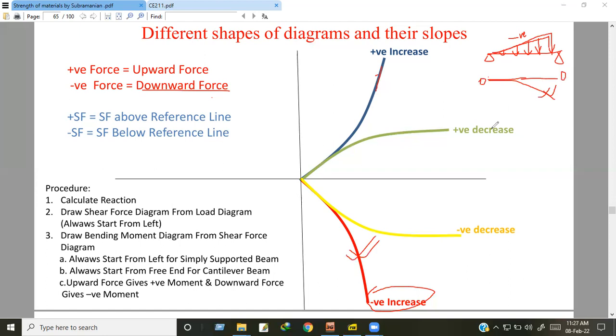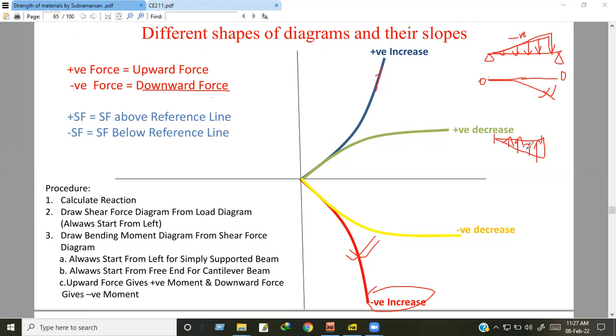But if I apply a force like this, the foundation will provide an upward force. This is an upward force, this is also an upward force, here one support, here one support.